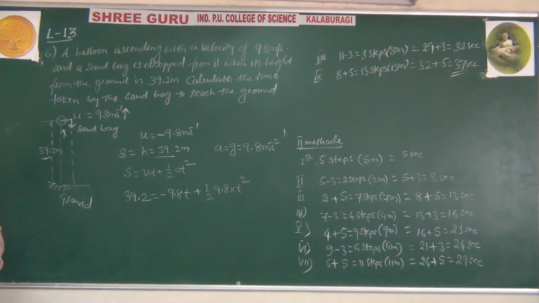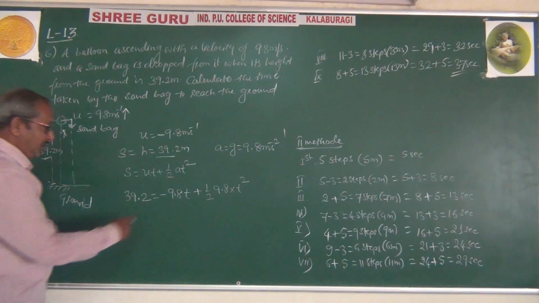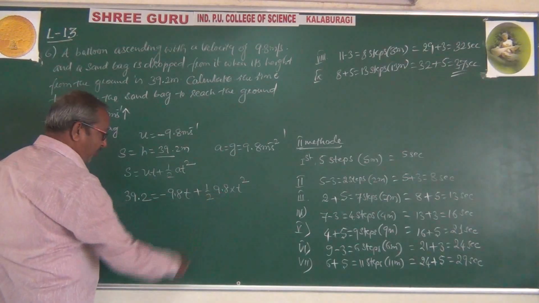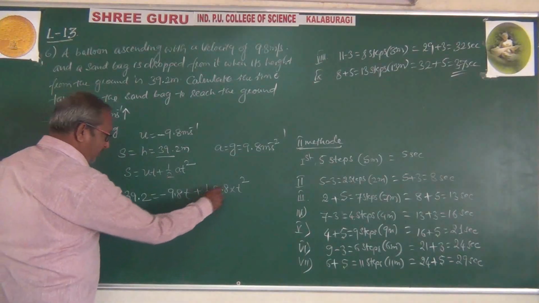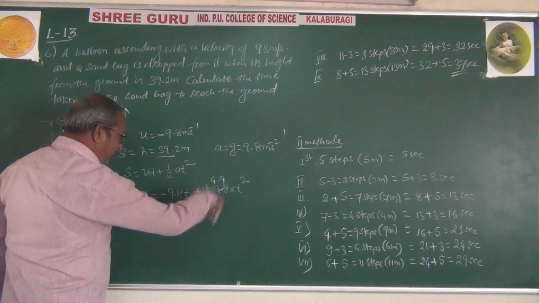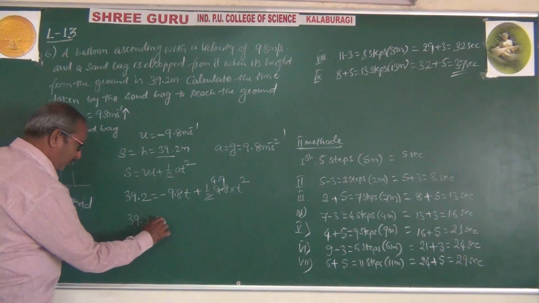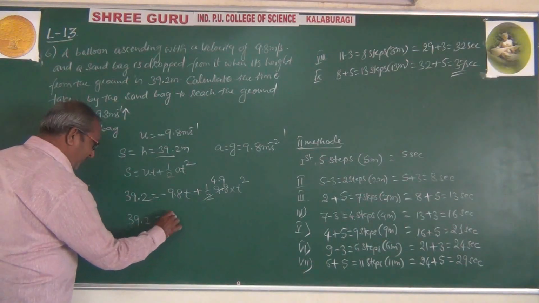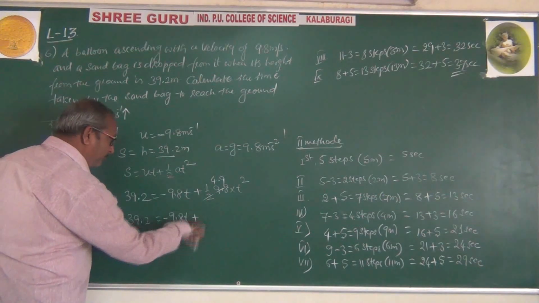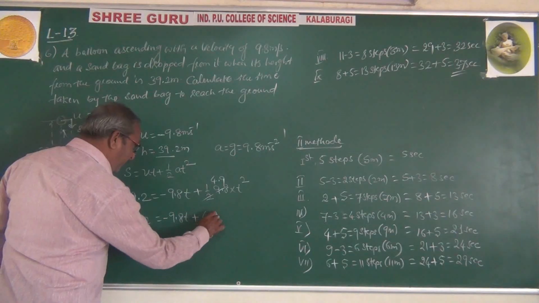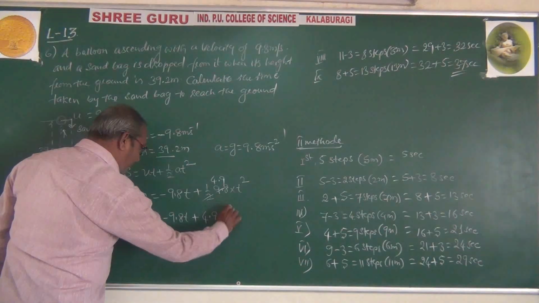Now you have to simplify here. 9.8 is common, so we get 4.9. So 39.2 equals minus 9.8 into t plus 4.9 into t square.